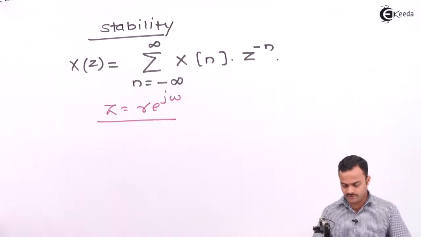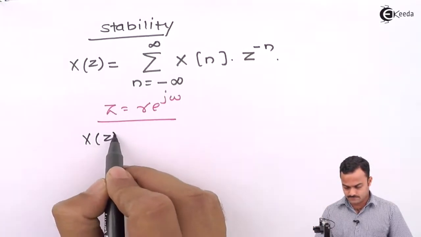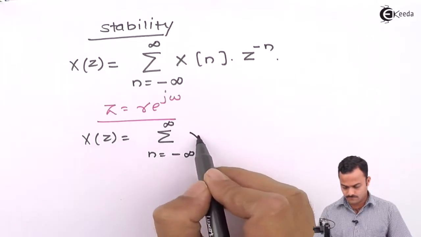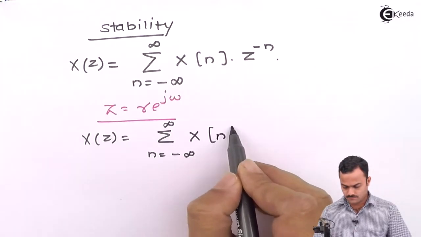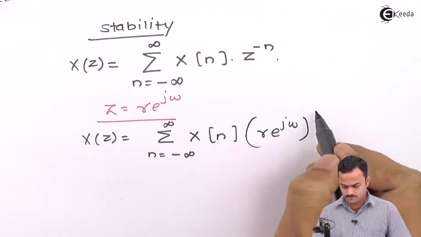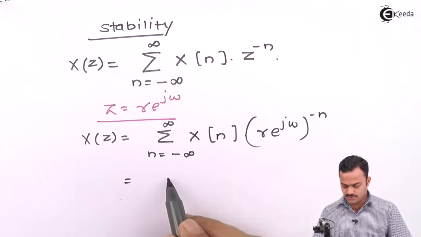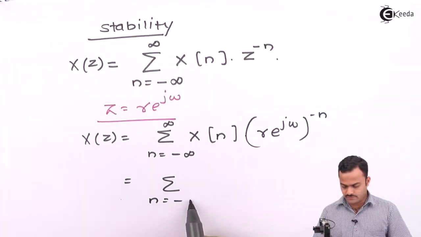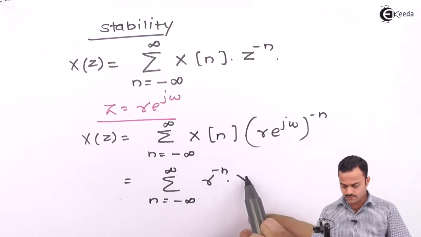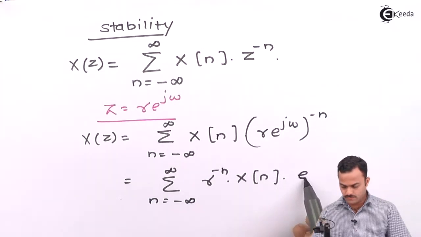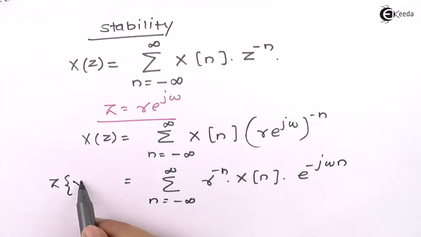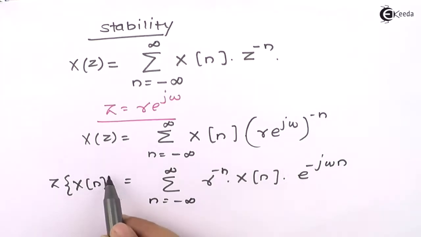So if I substitute, what I will get is this: summation n from minus infinity to infinity r raised to minus n into x of n into e raised to minus j omega n. This is the Z transform of x of n.